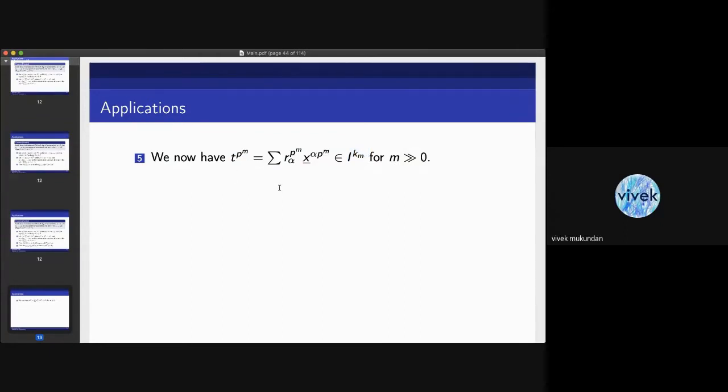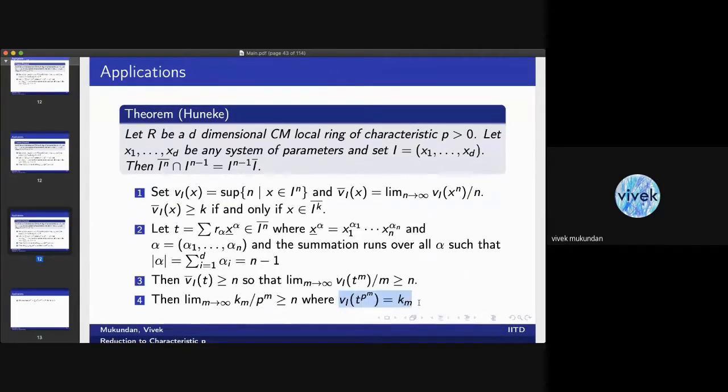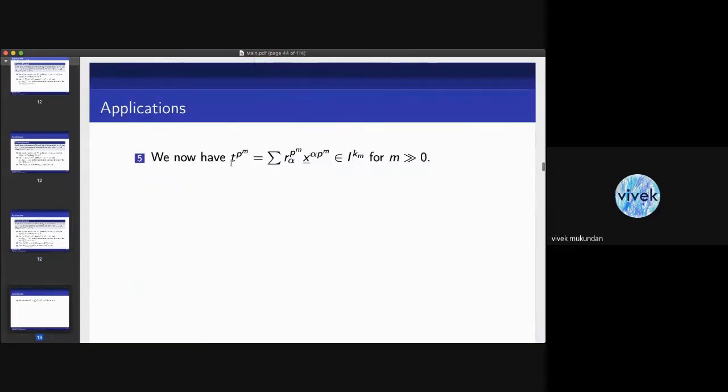Therefore, that is precisely what this definition is trying to tell. So if you look at the decomposition of t^(p^m), it is just taking all the coefficients and raising them to the power p^m, and taking all these monomials and raising them to the power p^m. So once you have this, you choose an n so that k_m is actually bigger than p^m times (n-1).